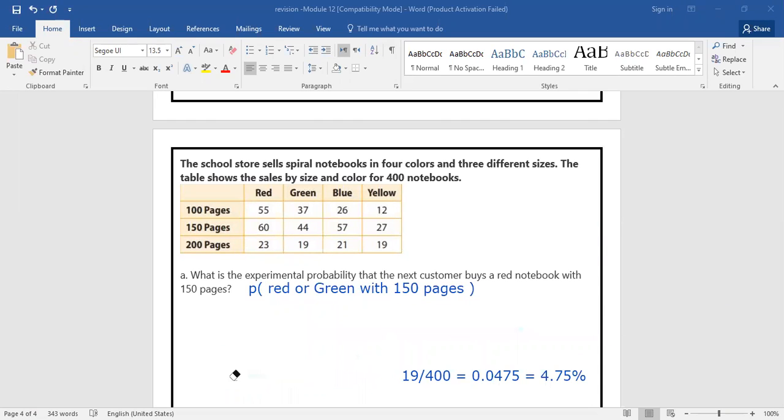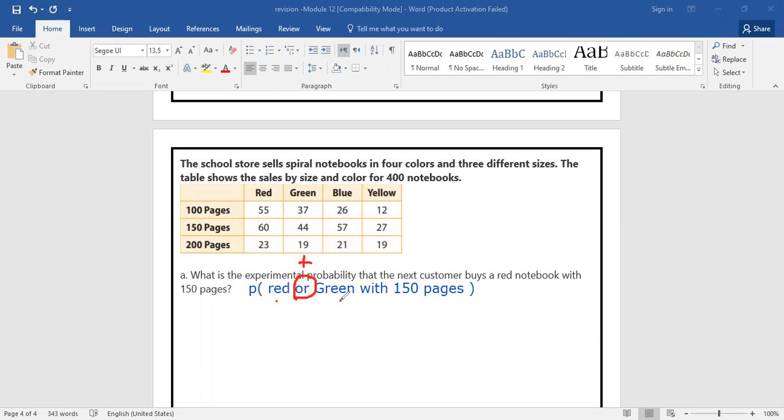How can we calculate this word? The word "or" here means addition, which means we have to add the number of red and the number of green.